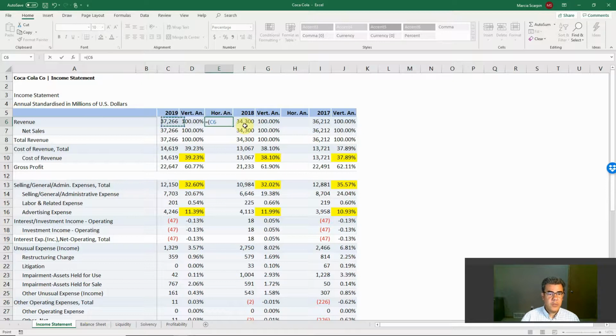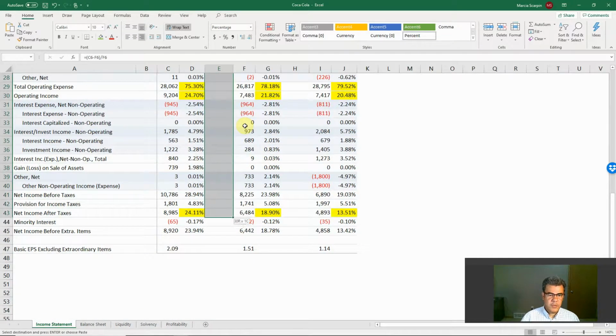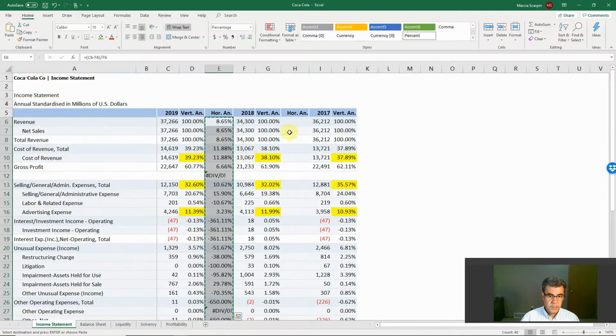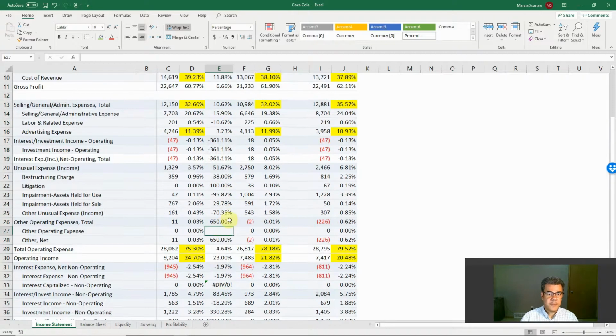So let me do it. You already have it in your file, so let me do it here. Whoop. Let me delete some bad numbers here.